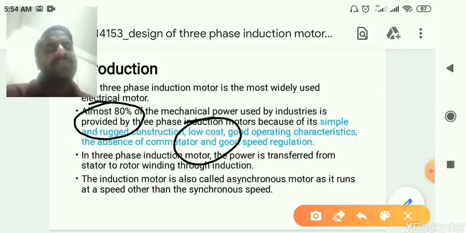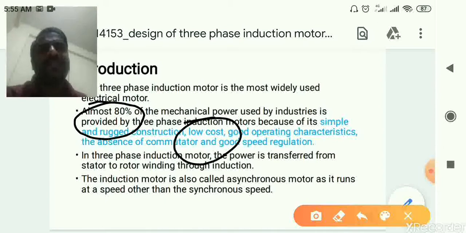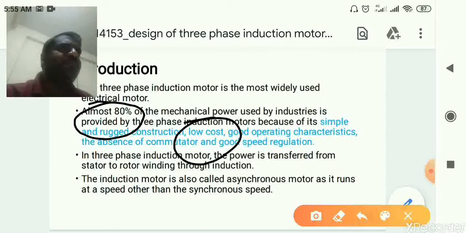The three-phase induction motor works on the principle of Faraday's law of electromagnetic induction. If you compare this with the DC motor, in a DC motor supply is given to the stator, which we generally call the field circuit, and also to the rotor, which we call the armature.